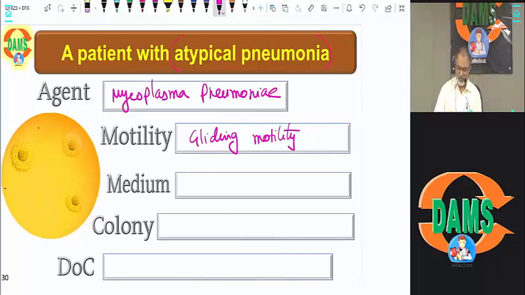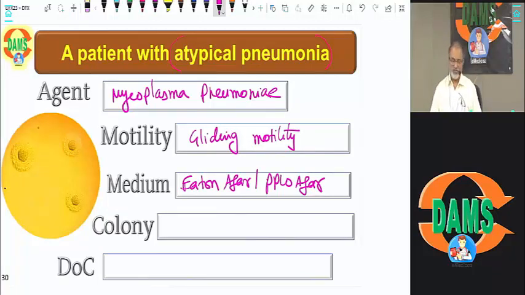Got it? What medium for Mycoplasma? This is a medium called Eaton agar or PPLO agar. What is PPLO agar? Pleuropneumonia-like organism. Don't worry, you know all mediums. Just now you came across almost 20-25 mediums.